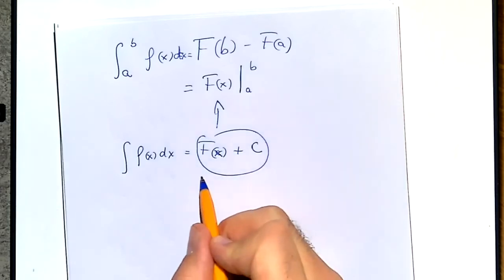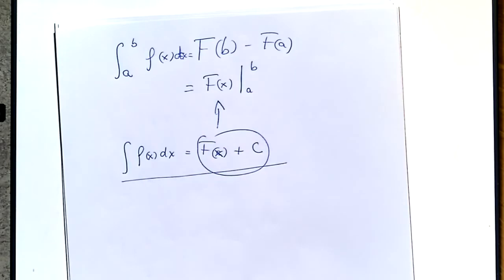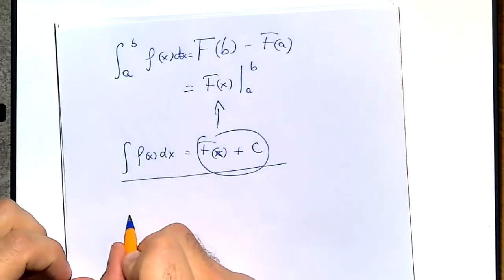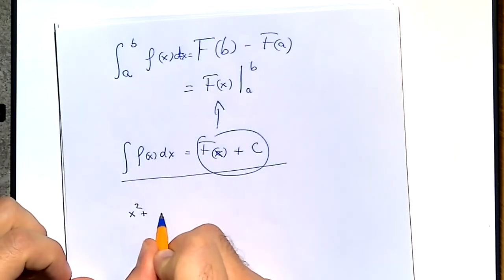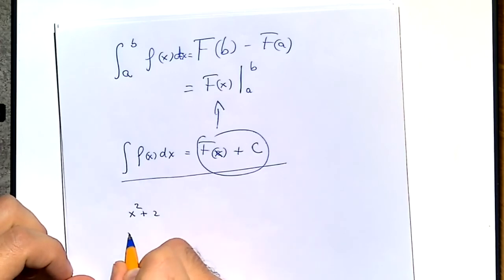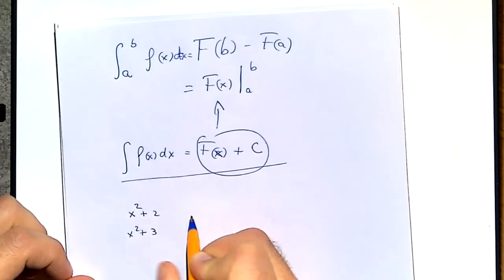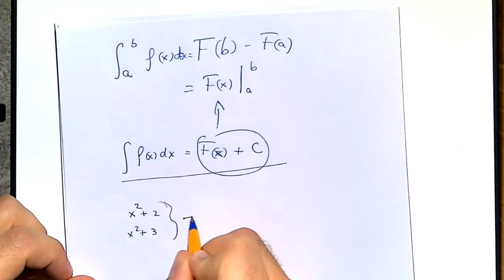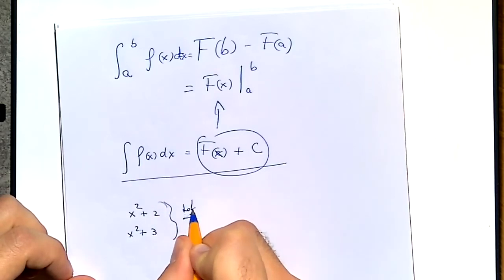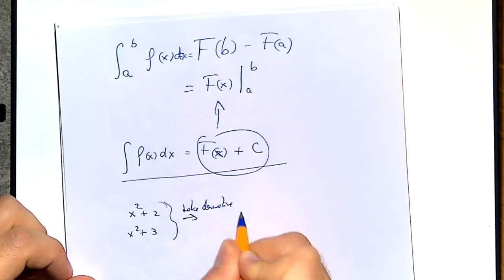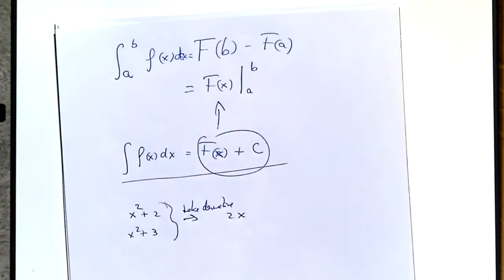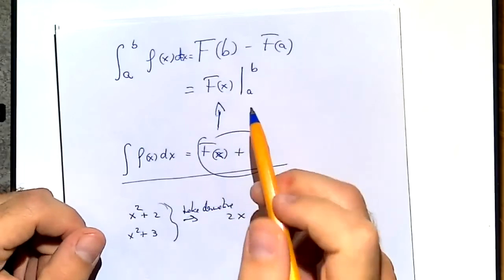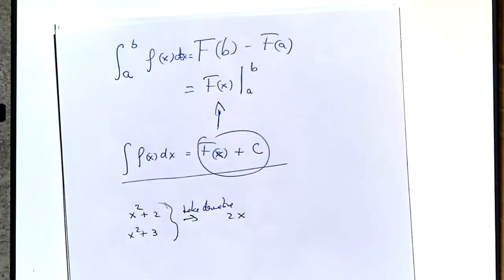Here, when I have this antiderivative, it's a family of functions. For all c's, literally, this family of functions, for example x squared plus 1, x squared plus 2, plus 3, plus whatever. If I take derivatives of this, I'm still going to get 2x. But when I integrate up top, I'm fixing a c. It's the same c.